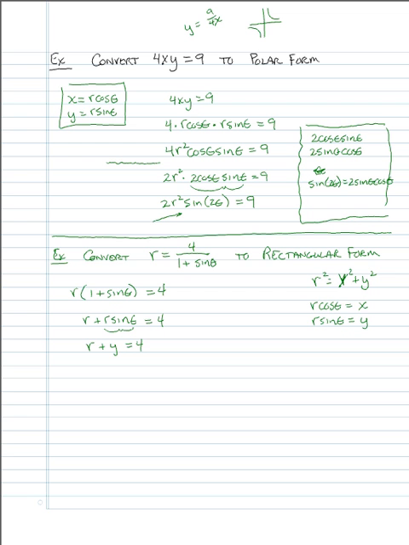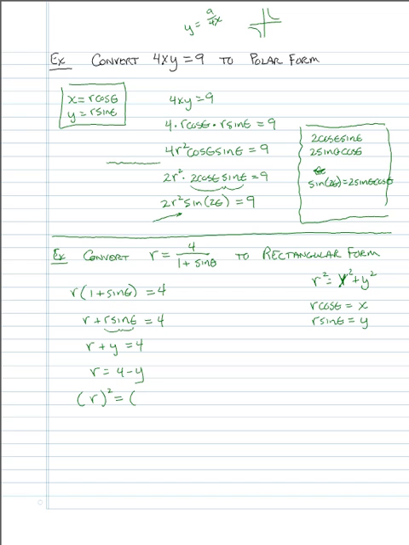Now here comes maybe a clever part. If I subtracted y from both sides, then I have r is equal to 4 minus y. And the reason that's significant for me is now, if I could create an r squared, I can replace it with x squared plus y squared. And I could create an r squared by squaring the left side.